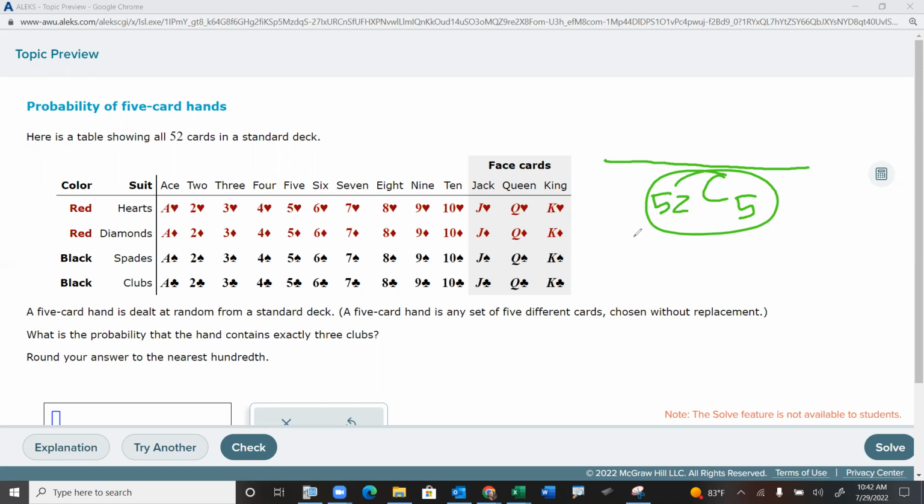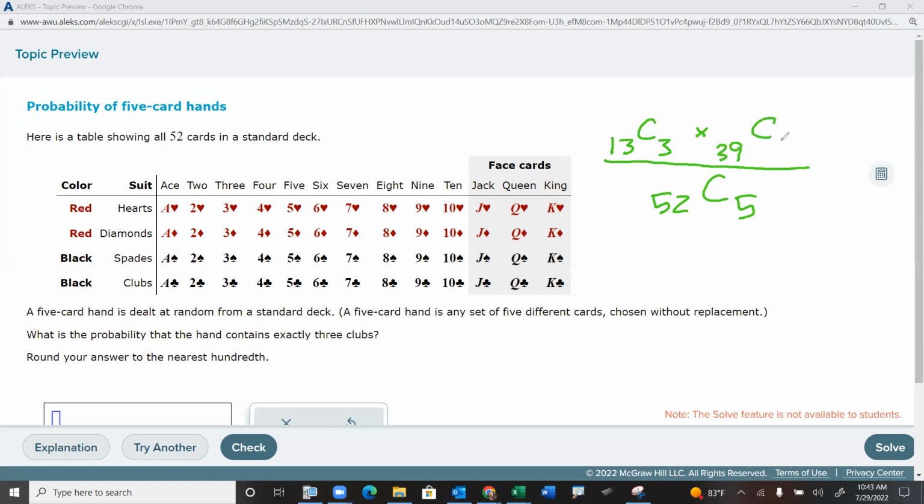So we have that, and now the numerator, of course, is the number of ways that you can actually have that event happen. So out of 13 clubs, 13 choose 3, that's the total number of ways you can pick 3 clubs. And then we need the total number of ways to pick our other 2 cards. Well, if there's 13 clubs, that means there's 39 other cards.